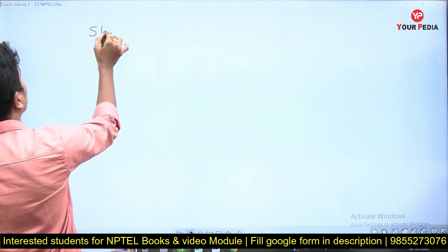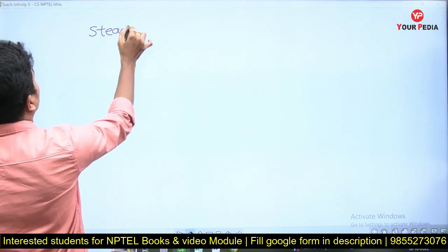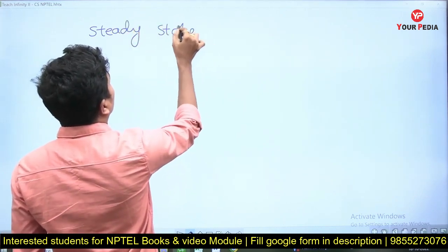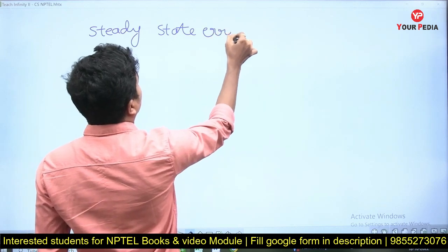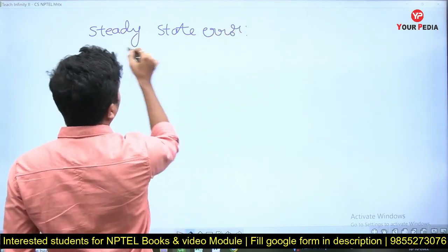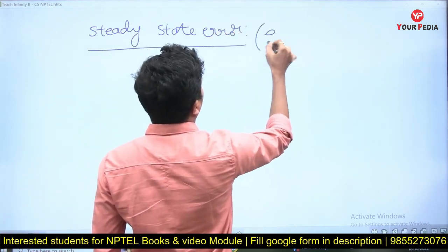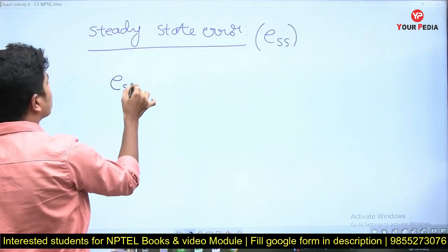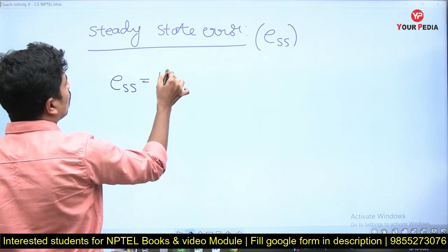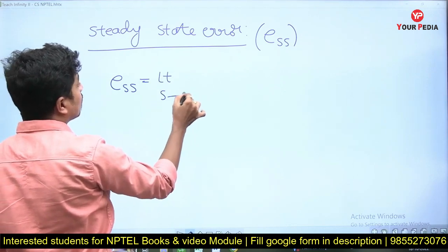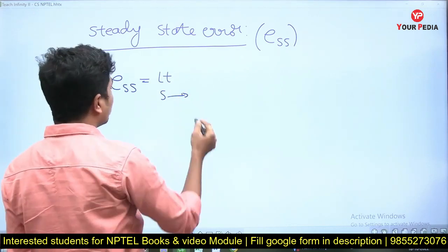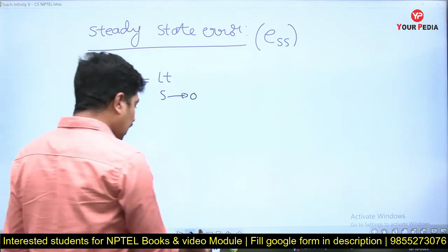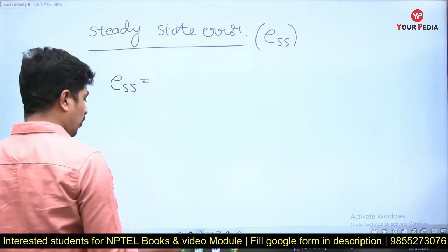Steady state error is represented with ESS. ESS is equal to limit t tends to infinity of e of t in the time domain, or in the S domain, limit s tends to 0 of s into E of s.